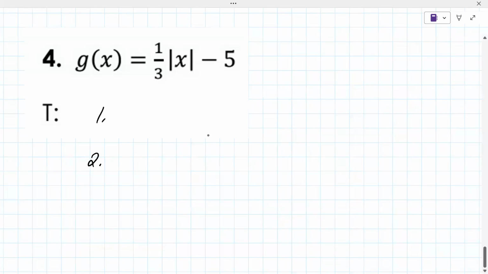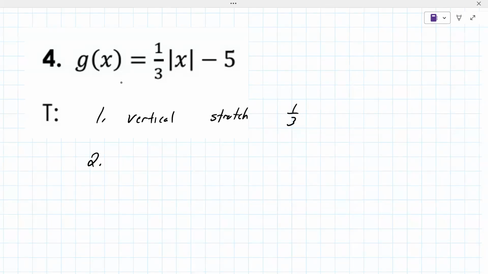Actually, remember, we talked about this today. It's actually a compression. Maybe your teacher just wants you to say vertical stretch because it's on the outside. That's not completely correct, but it may be what they want.